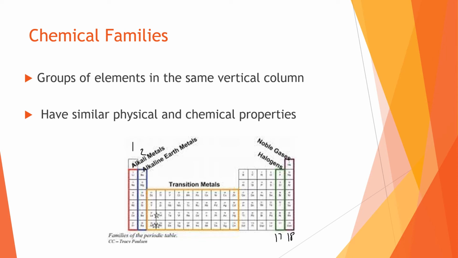So the alkali metals are all the elements in this first group, so group number 1, they have similar properties. Alkaline earth metals are in the second group, similar properties. Okay, transition metals, similar properties. Halogens, 17th group, have similar properties. And then the noble gases in the 18th group all have similar properties.